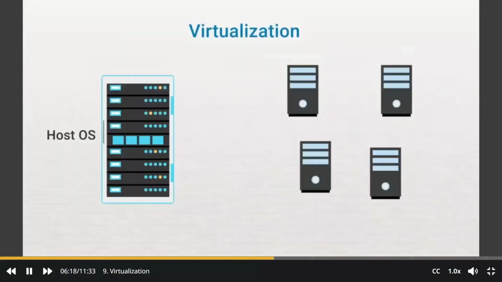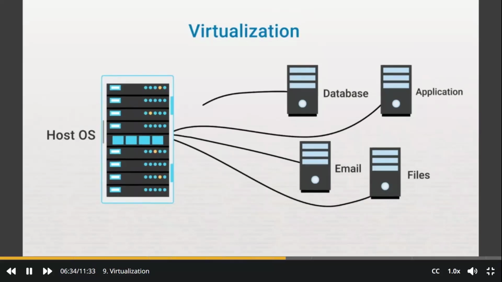Let's discuss virtualization technology. Virtualization is the ability to install and run multiple operating systems simultaneously on a single physical machine. Let's say we have a data center with 4 servers and 4 physical platforms, each running an application. There's a database server, an application server, an email server, and a file server.